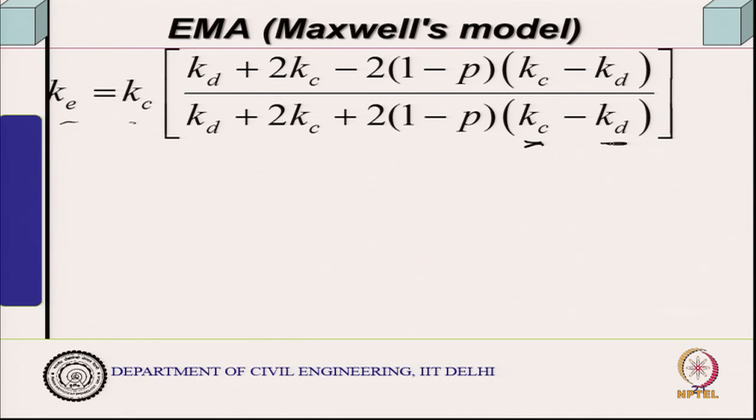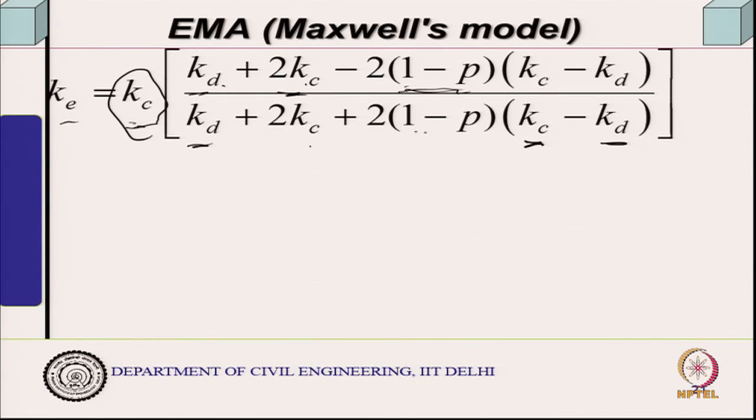One of the equations used in thermal conductivity is this: Kc is the conductivity of the continuous phase, Kd is that of the dispersed phase, and P is the proportion of the dispersed phase, which is similar to porosity. So Kd plus Kc, Kd 2 Kc, 2 1 minus P.